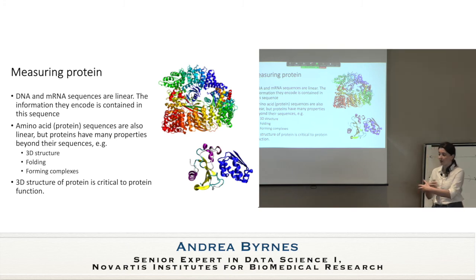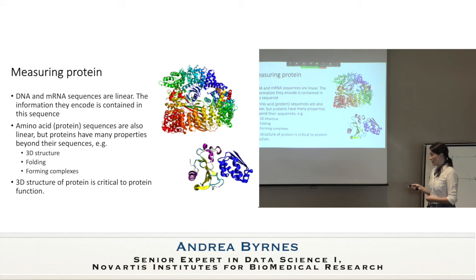Measuring protein becomes a totally different ballgame. There are a number of ways to do this, and this is really getting outside of my expertise. DNA and RNA are linear. They encode sequence using 4 possible characters. Amino acid sequences have more possible components, but they also have many properties beyond their sequences, and these properties are not always immediately predictable from those sequences.